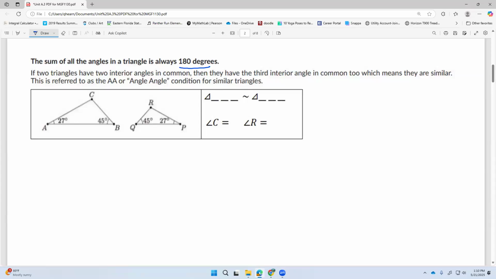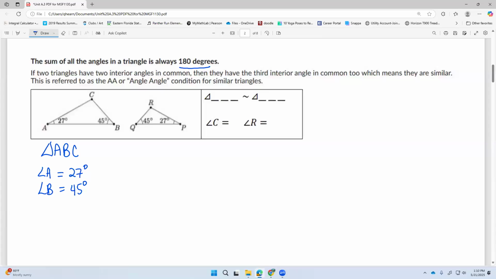Here I have two triangles, triangle ABC and triangle QRP. Let's start with triangle ABC. We know that triangle ABC has angle A equal to 27 degrees and angle B equal to 45 degrees because they're marked.